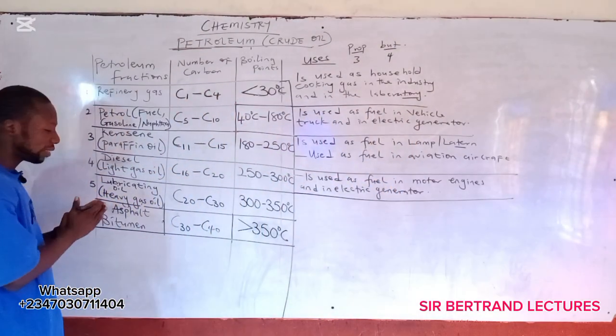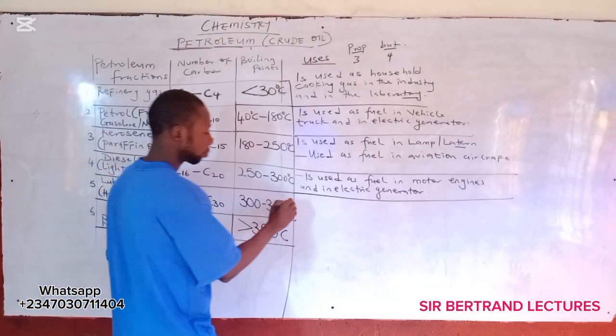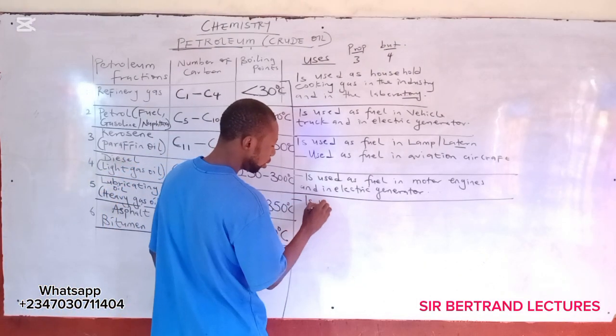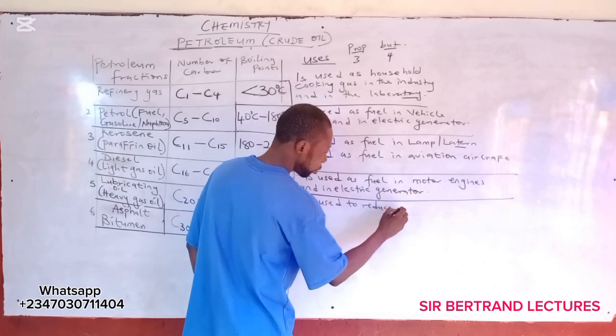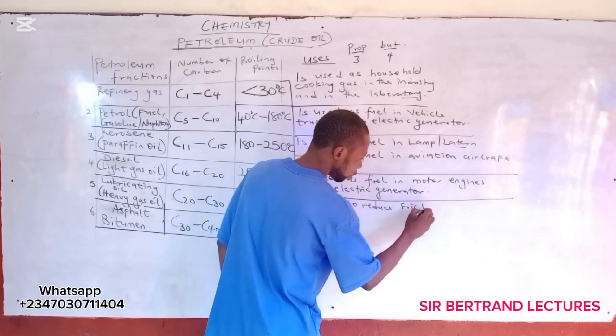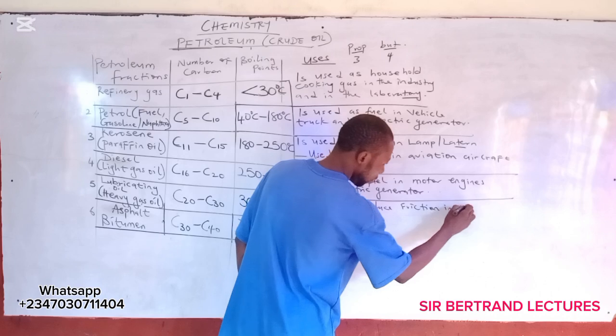Okay. The next is lubricating oil. Lubricating oil is used to reduce friction in vehicles.